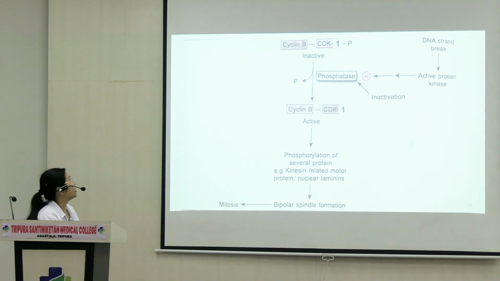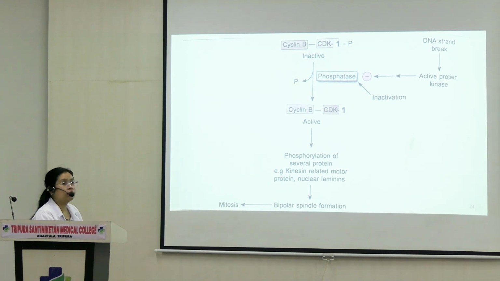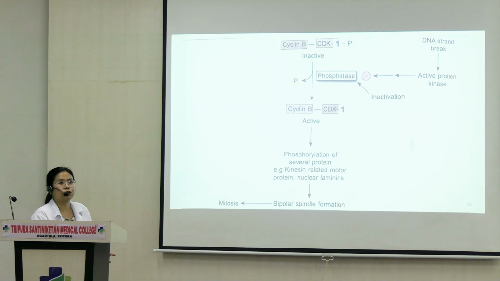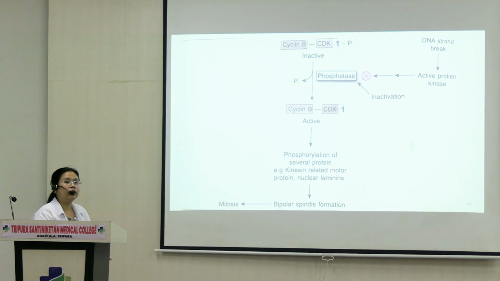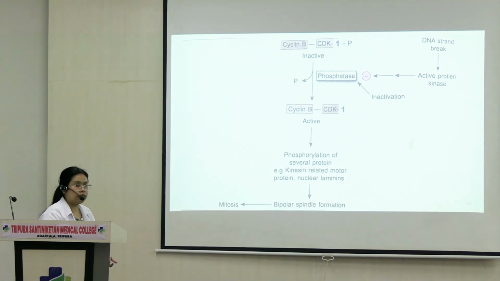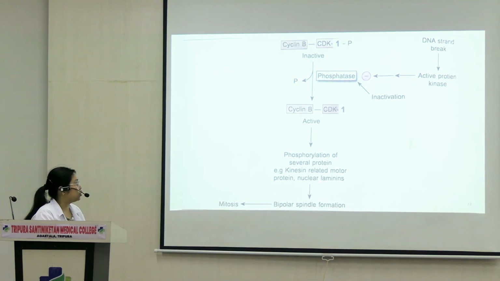It dephosphorylates this complex and it gets activated. When it is activated, what is its job? Just like it phosphorylated retinoblastoma protein, it also causes phosphorylation of other proteins like kinesin and other proteins involved in the cell cycle. That will cause bipolar spindle formation and the cell will undergo mitosis.